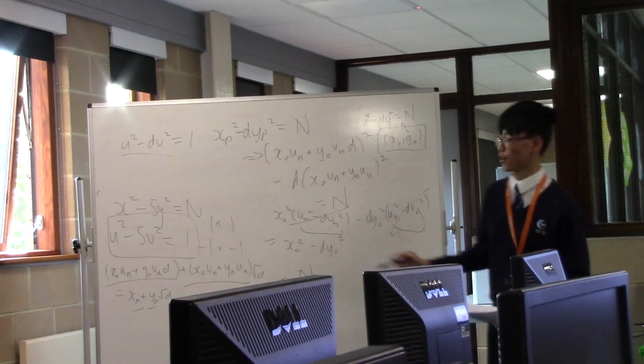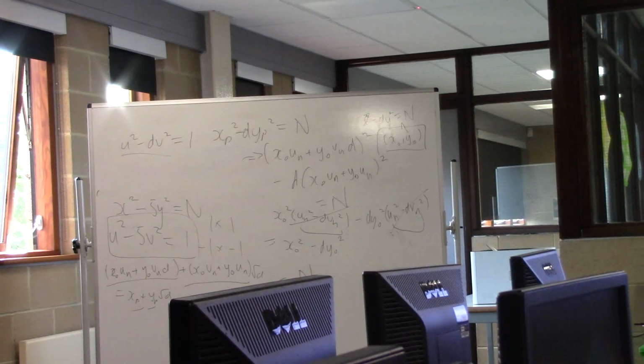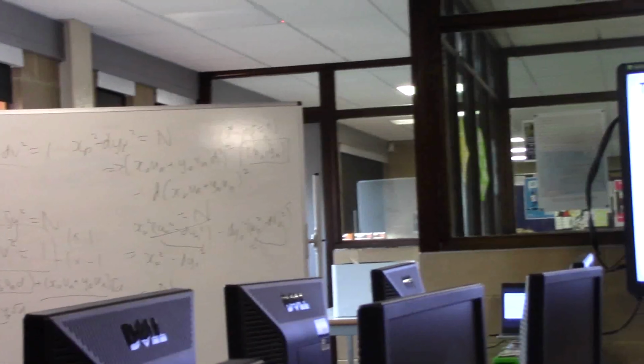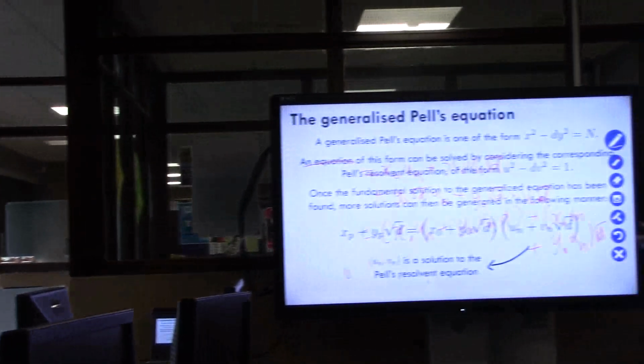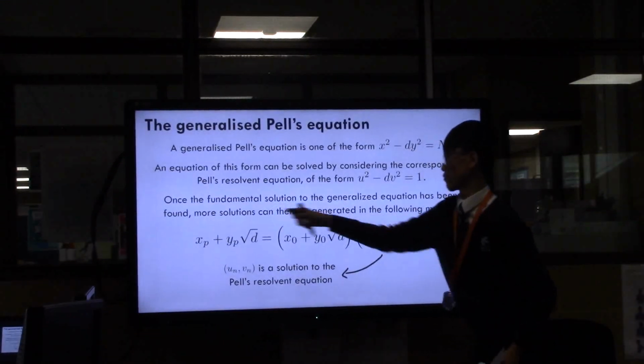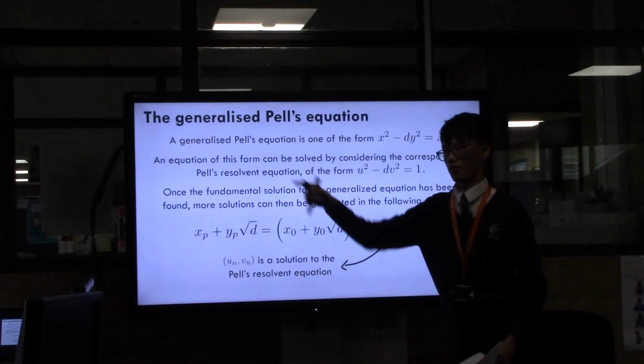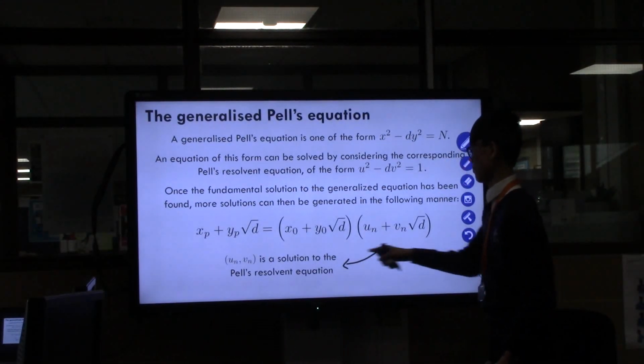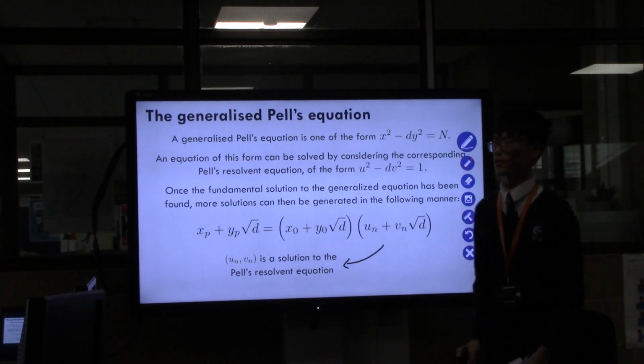So we can see how we can gain another solution to the generalized equation using the Pell's resolvent and the fundamental solution to that first equation.